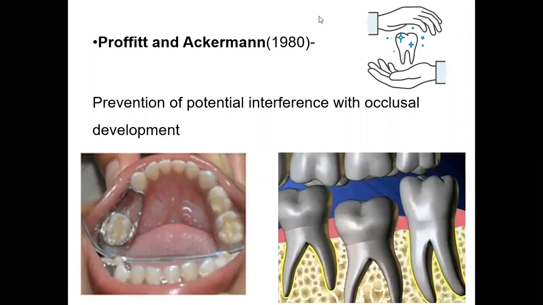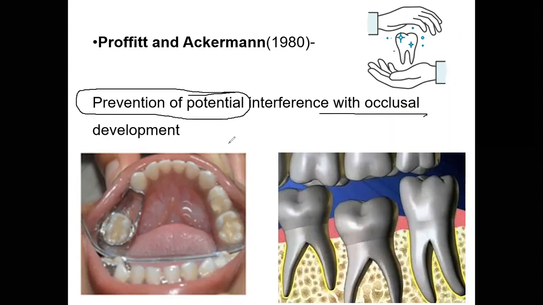The interference could be due to an abnormal habit of a child, like thumb sucking, mouth breathing, or any other interference which may lead to an occlusion problem. It should be suspected and treated before, and that is called preventive orthodontics.